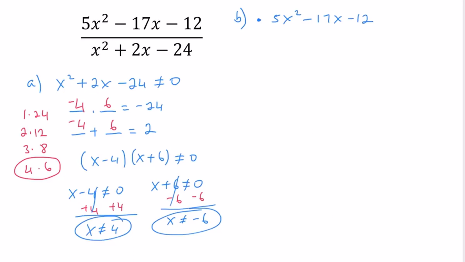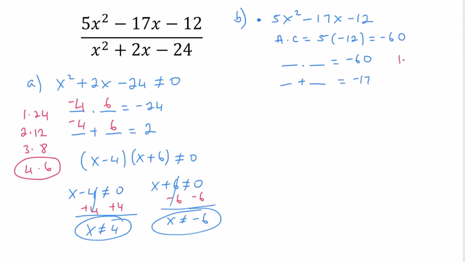So we are going to use the AC method for this one. So A times C, that is 5 times negative 12, which is negative 60. We need 2 numbers that multiply to give us negative 60, but when we add, we get the middle number, negative 17.